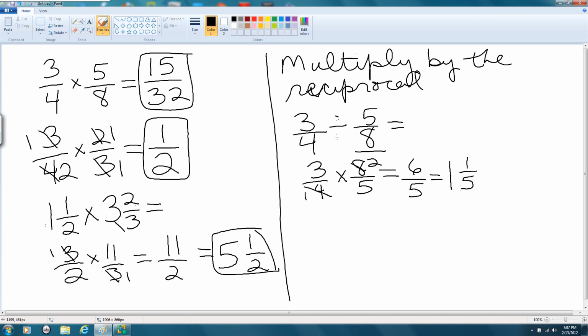Now, division of mixed numbers is just like multiplication of mixed numbers, in that you have to convert the mixed numbers into improper fractions. You must convert them into improper fractions.